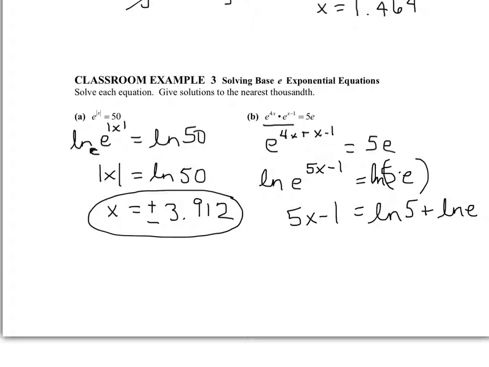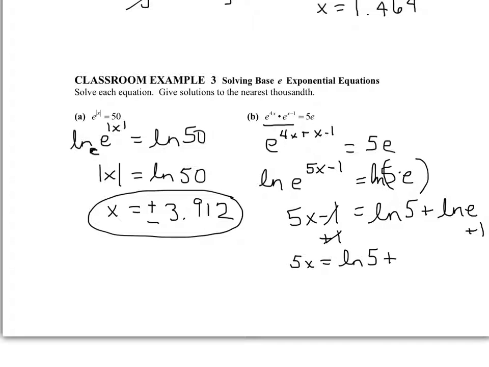Now, let's clean up. We're trying to solve for x, so add 1 to each side. And here's what we have. 5x on the left is equal to, now the natural log of 5, I can put that in the calculator, and I'll do that in a moment.